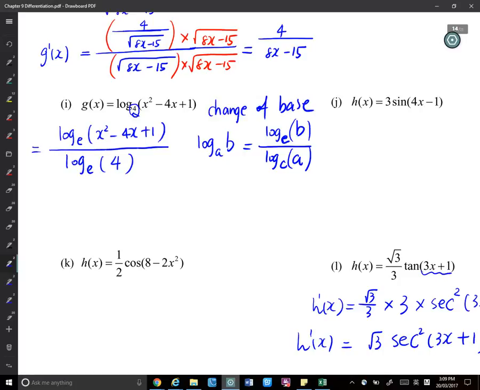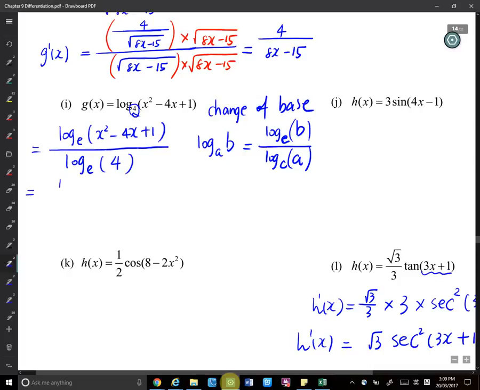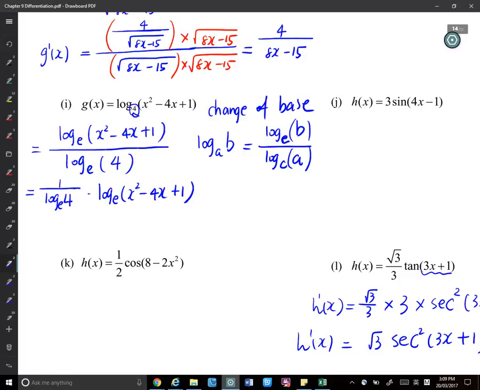So what is log e of 4? Log e of 4 is a constant. I can write that as 1 over log e of 4, times log e of x squared minus 4x plus 1. And you can derive that. I have changed the base to the natural base.